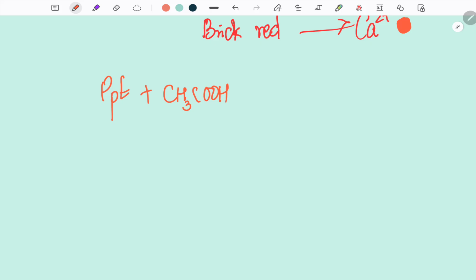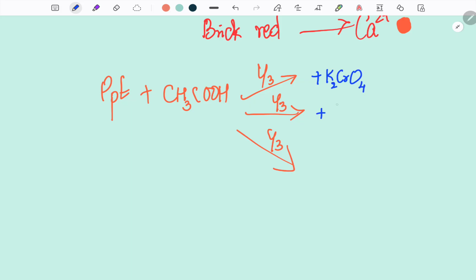Now, since acetic acid is a weak acid, you would have to heat it so that the precipitate boils in the acetic acid solution. And once you heat it, you need to divide it into three parts. So to the first part, you need to add potassium chromate. To the second part, you need to add ammonium sulfate.